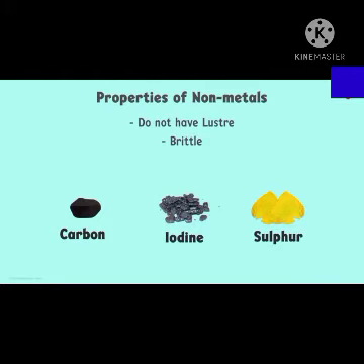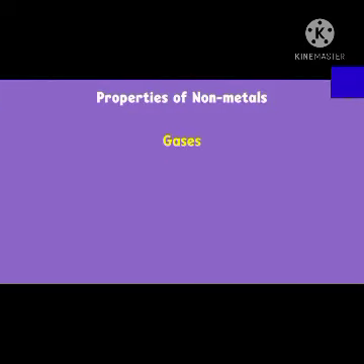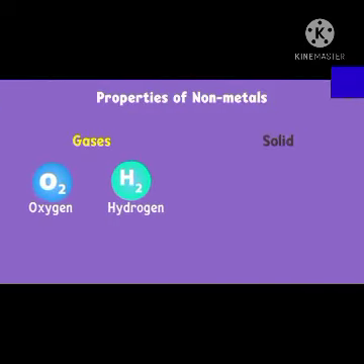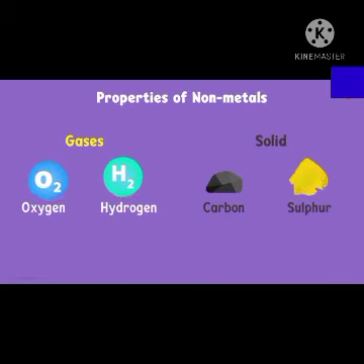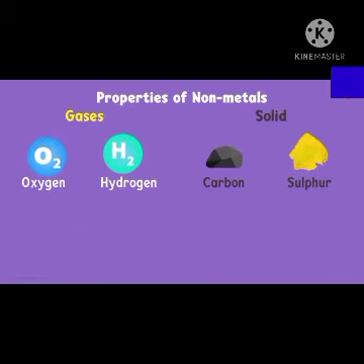What do you mean by brittle? They cannot be beaten into sheets or wire, as most of them turn into powder when hit by a hard substance. Non-metals can also be gaseous, like oxygen and hydrogen, or solid, like carbon and sulfur, etc.